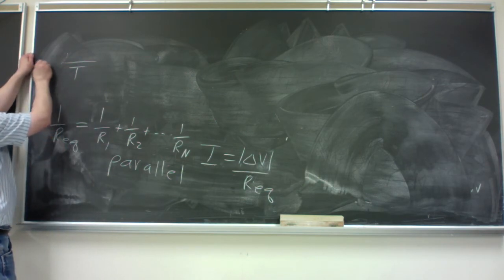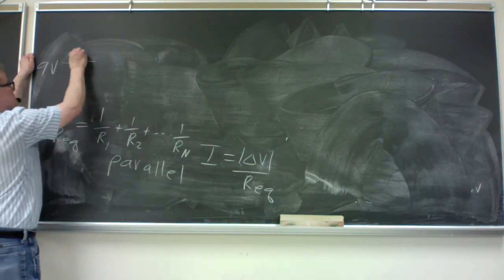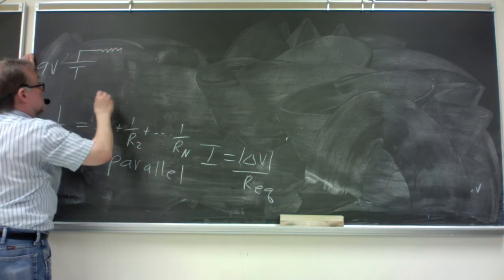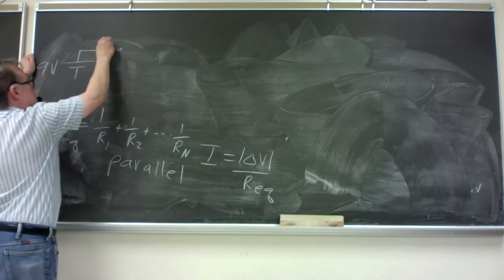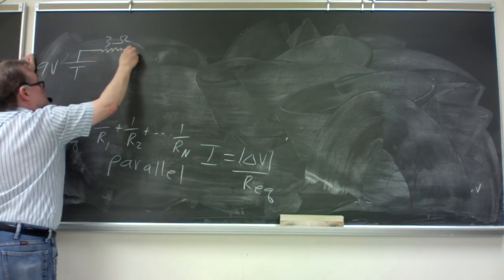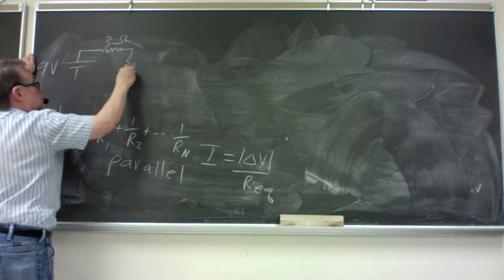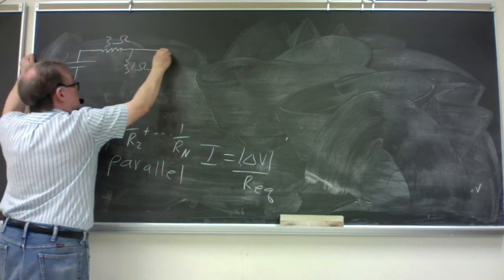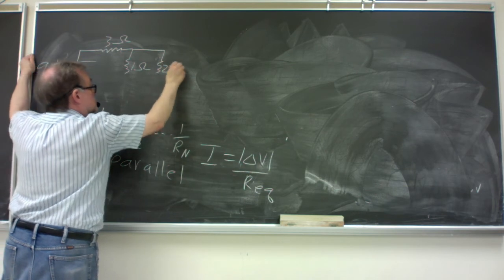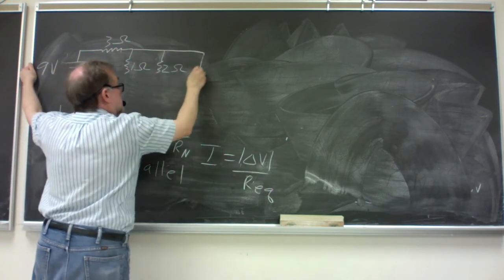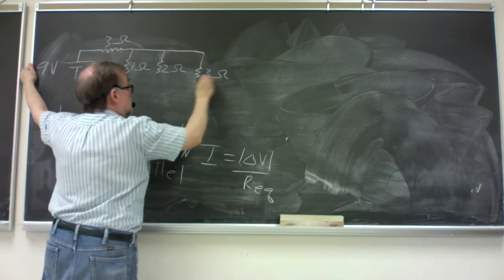Say a 9-volt battery. And then here's one resistor, to keep the numbers relatively simple, 3 ohms. And then here's a 1 ohm resistor, and then a 2 ohm resistor in parallel with that, and then a 3 ohm resistor in parallel with both of those.